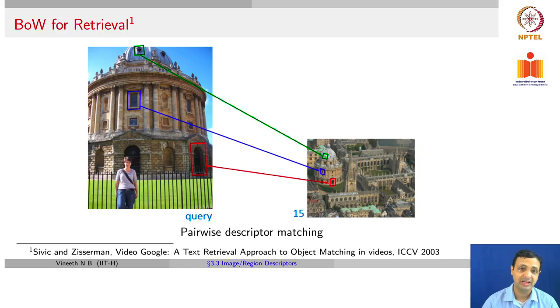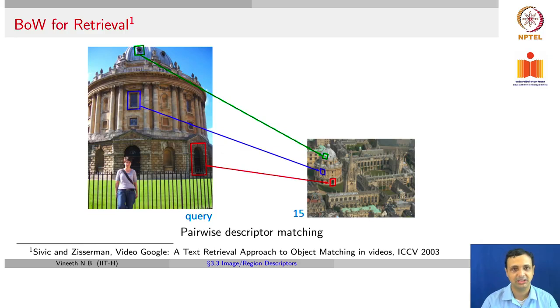Earlier, we would take key points in each of these images, descriptors around these key points in each of these images, and try to do a pairwise matching between the descriptors in both of these images. And this is obviously a time-taking process, because if you had many key points, many descriptors in each image, you would ideally have to do a pairwise matching between every descriptor in the first image versus every descriptor in the reference image.